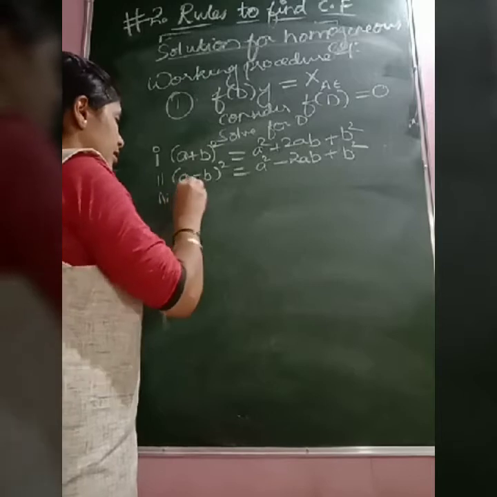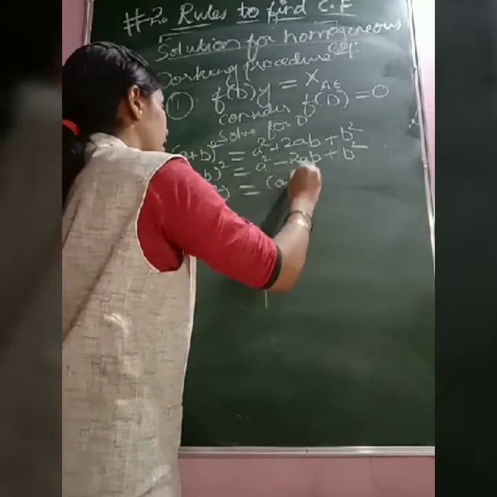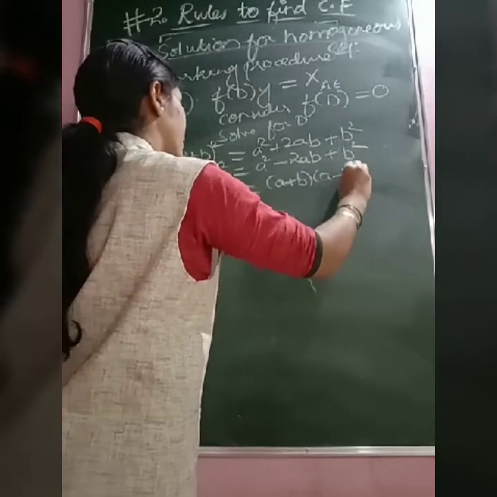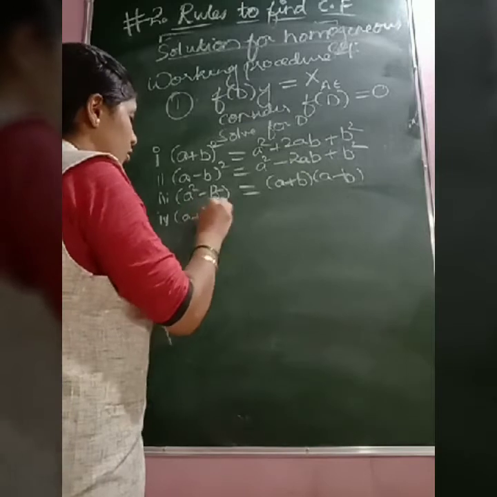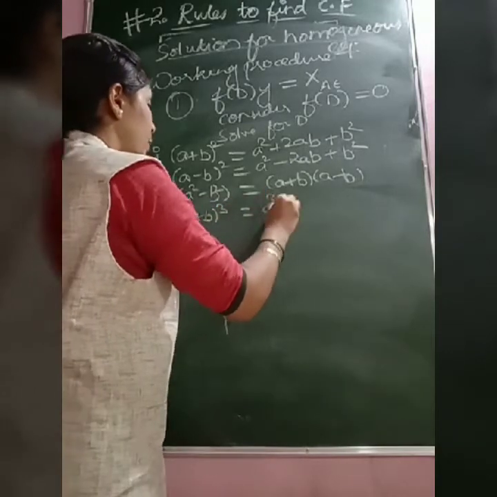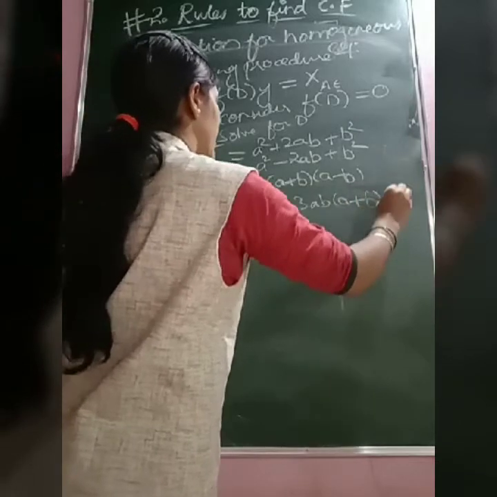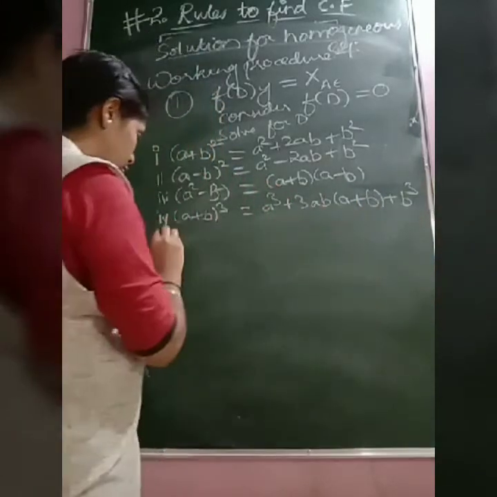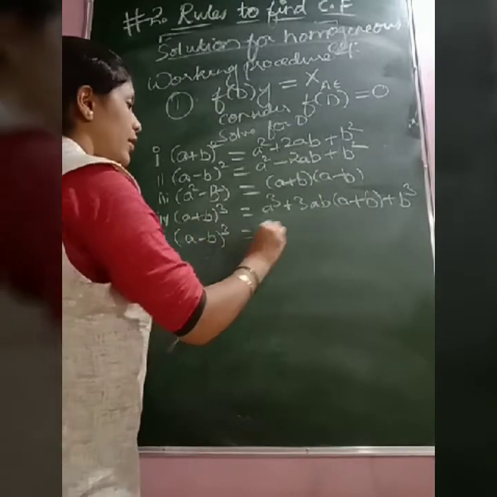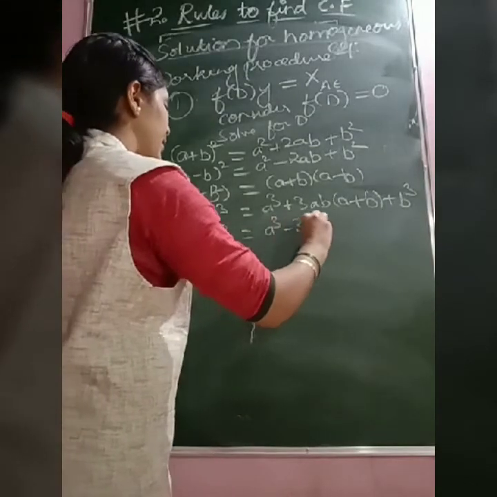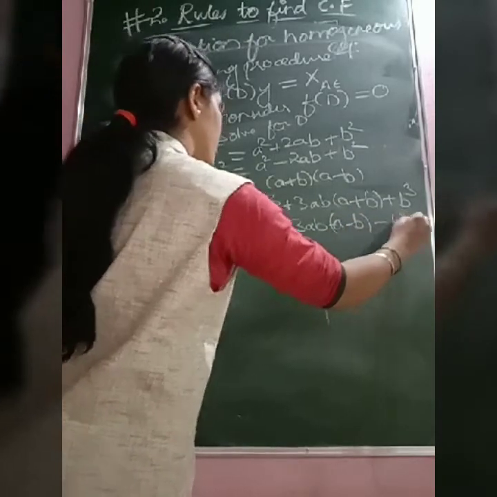What about the third? a square minus b square is (a plus b)(a minus b). (a plus b) whole cube is a cube plus 3ab(a plus b) plus b cube. And (a minus b) whole cube is a cube minus 3ab(a minus b) minus b cube.